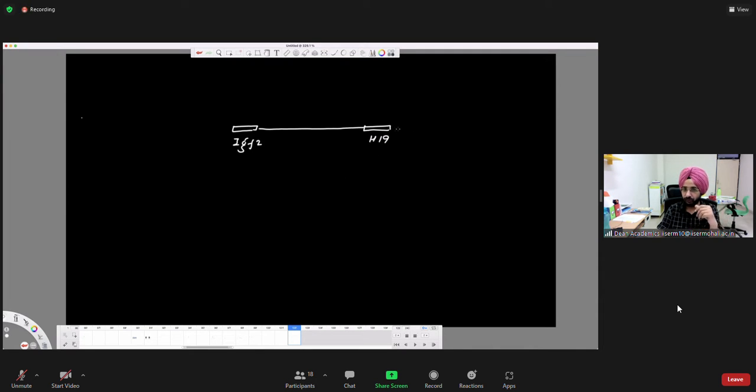So H19 is expressed from the mother, IGF2 is expressed from the father, from paternal. And there is an in-between region over here, a very important region, which is called the imprinting control region.